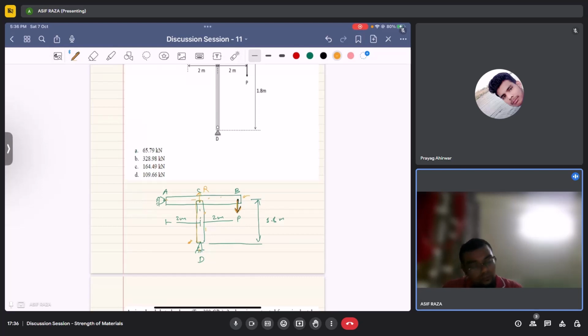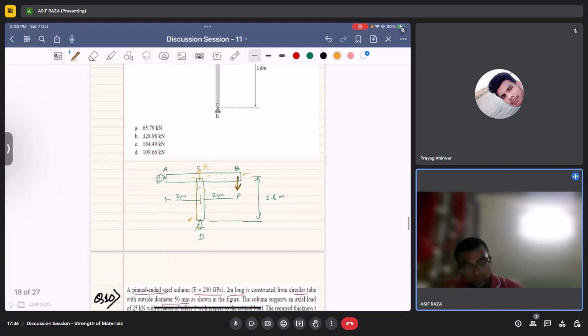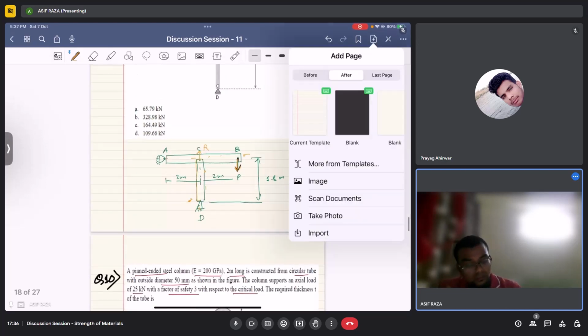So we need to find that limiting R with respect to which this column will buckle. If we are able to find that R, consequently we would be able to find the value of P for which this particular column will buckle.